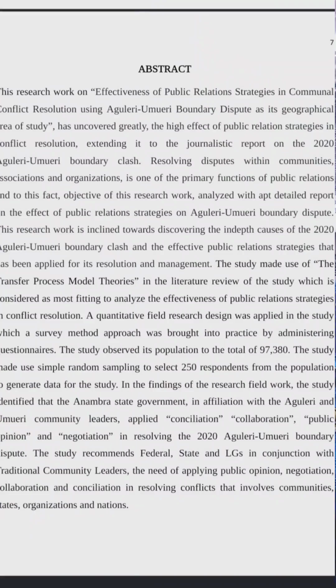Okay, to the seventh component, which is the abstract. The abstract is a total summarization of all the information and analysis that you have gathered and put down in that project work. All right, that is abstract.